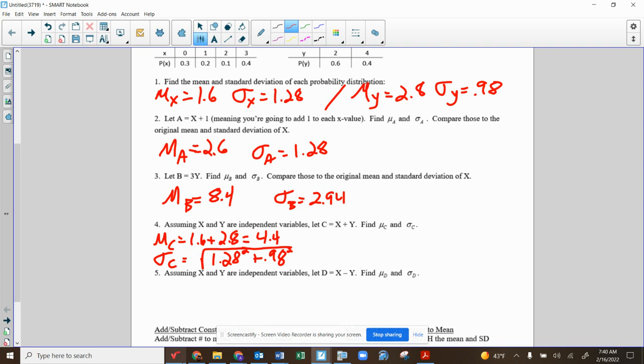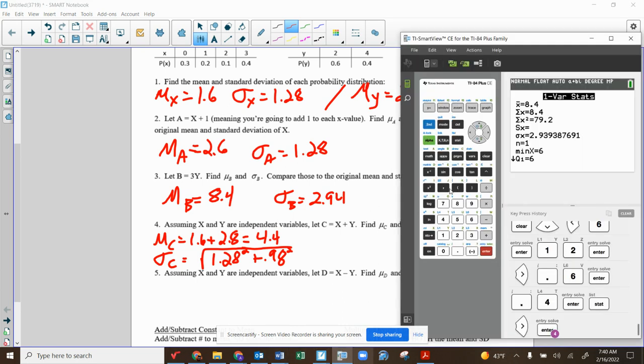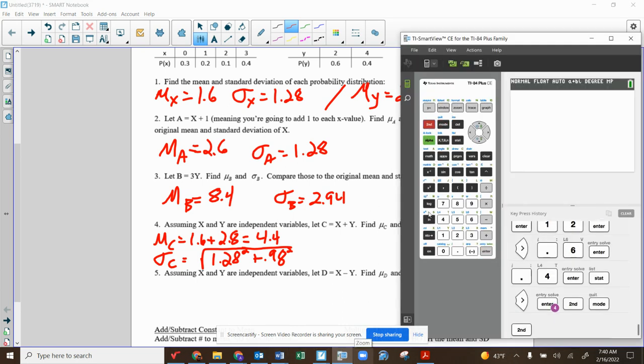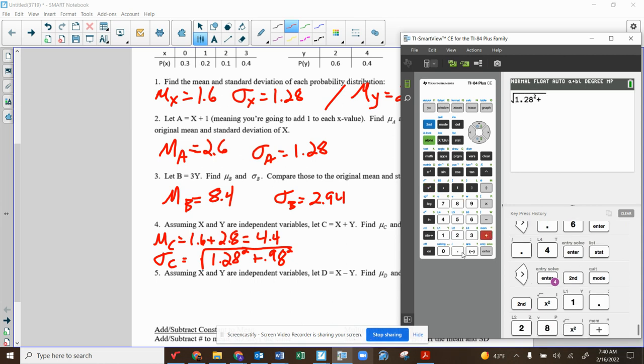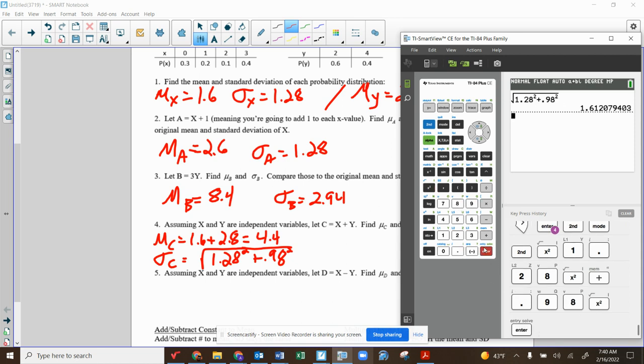Just to show you how to put that in the calculator: square root of 1.28 squared plus 0.98 squared. So approximately 1.61.